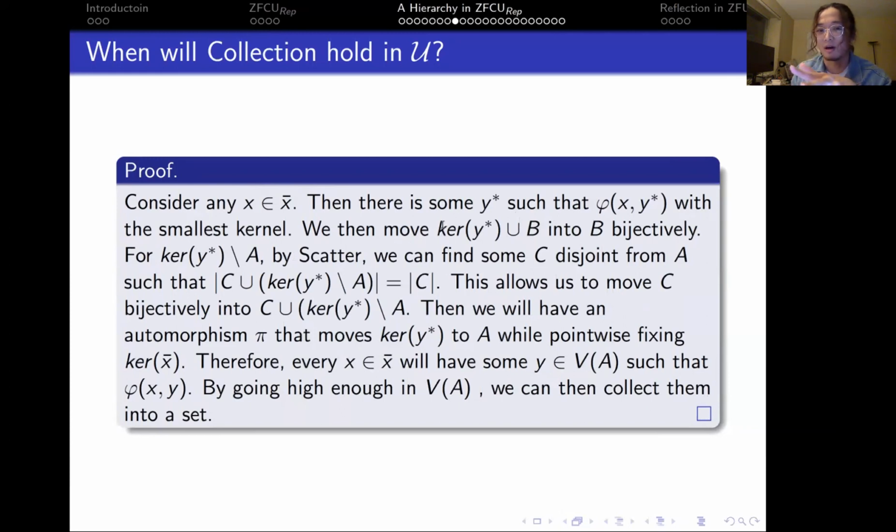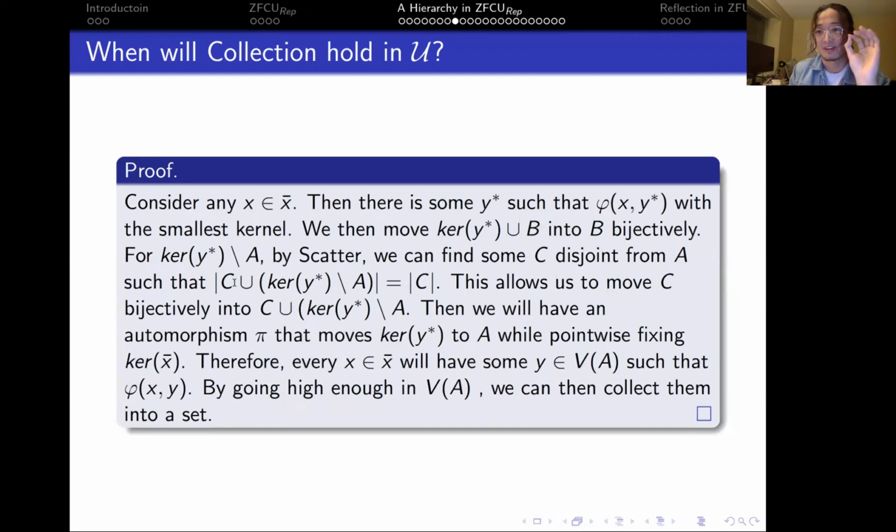We can also extend this bijection into an automorphism without moving anything in X bar. I will not go through the details, but we can do that by scatter. So the resulting automorphism will move y star into V of A and doesn't move anything in X bar. So in particular, it doesn't move x.